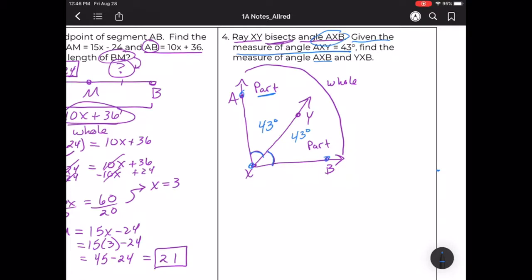It splits angle AXB into two equal portions, two congruent portions. So the whole thing is either 43 plus 43 or 2 times 43. Either way, you get the answer 86 degrees. Since we are working with angles, we always give our measures in degrees, using your degree symbol, small circle there.